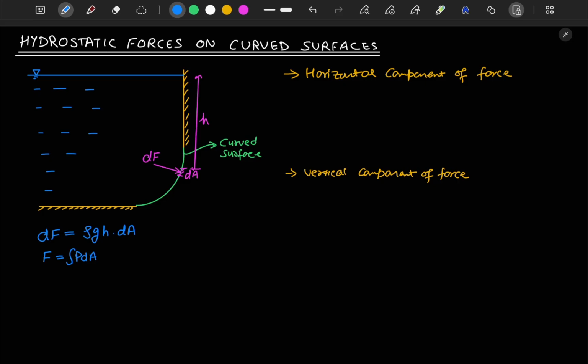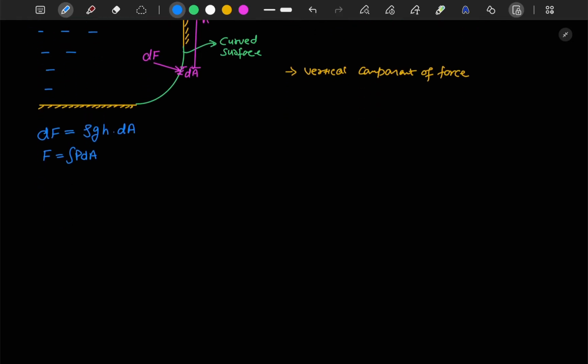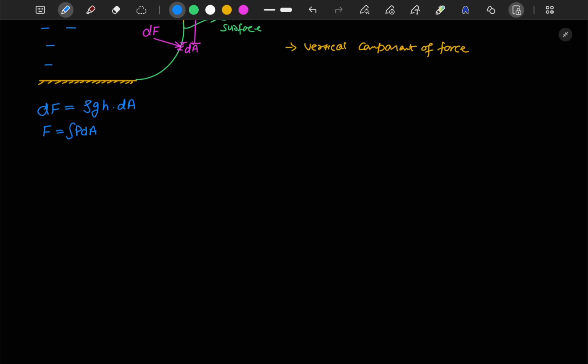So what we do, like this component dF which we have considered. Let's say this is your area dA. We have made it into two parts.